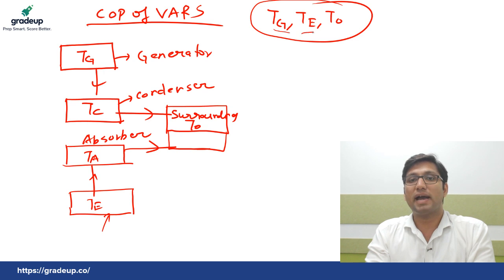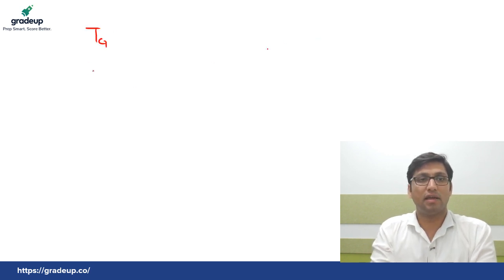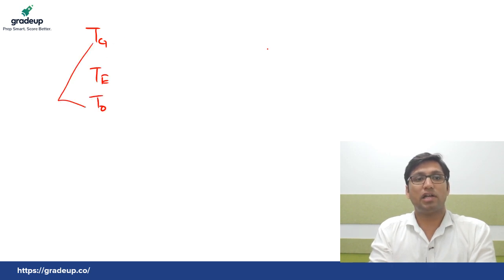You have to convert these temperatures to degrees Kelvin. Between Tg and T0 apply the formula for efficiency, and between Te and T0 apply the formula for COP of a refrigerator.